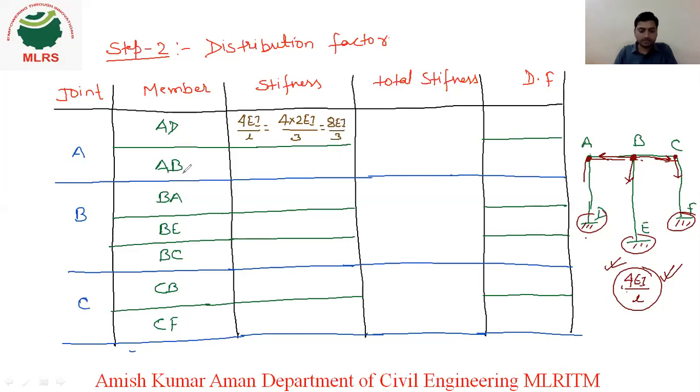For the AB member, again 4EI upon L. For the AB member, the moment of inertia is 5I, so 4 into 5EI upon L, where L is 4.5. Similarly, we will write it here also for BA, again the same.